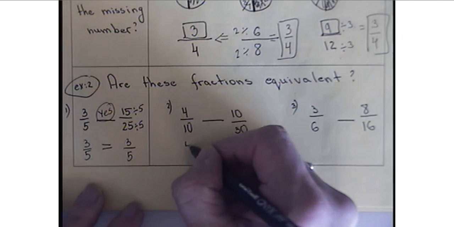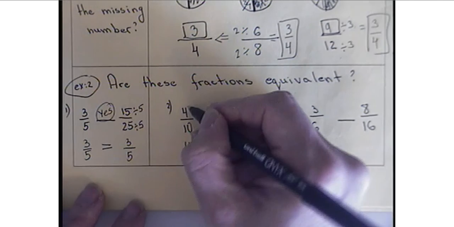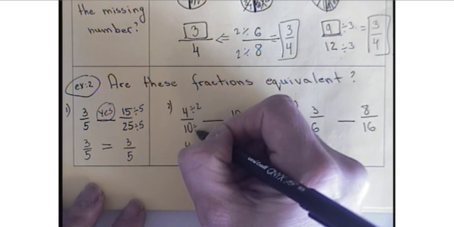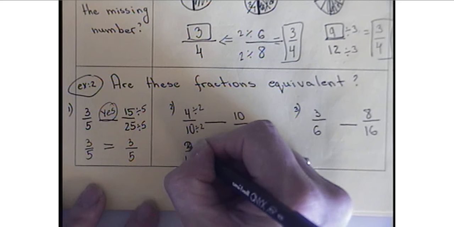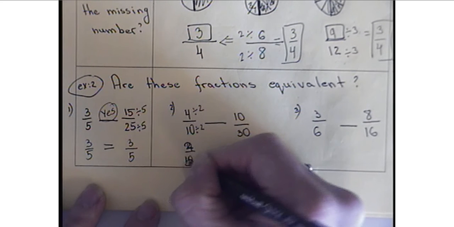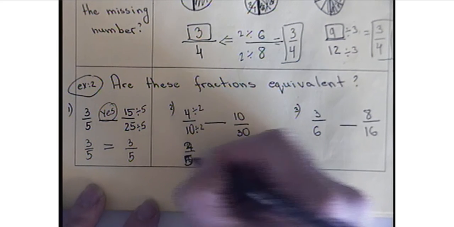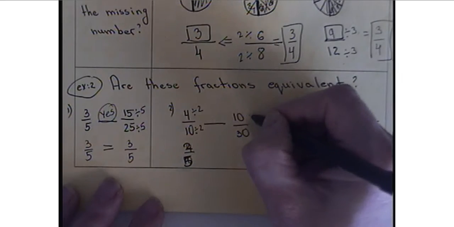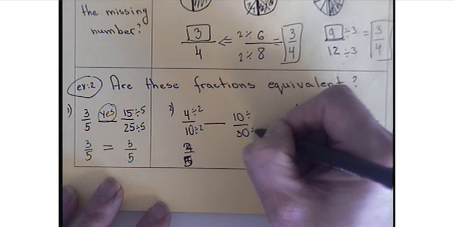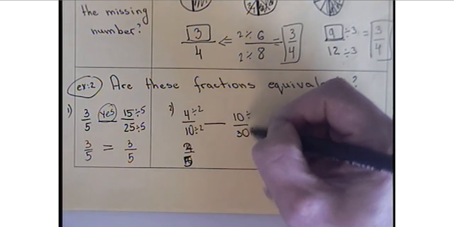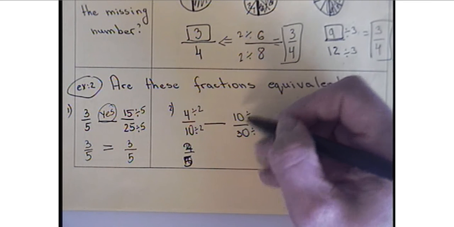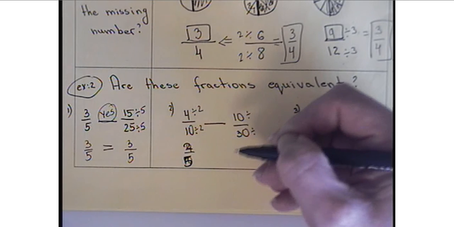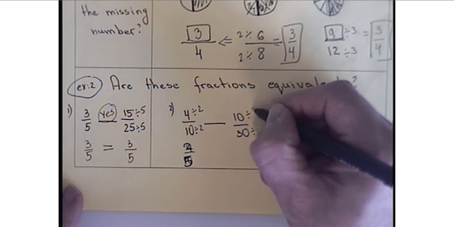4/10. Well, 4 and 10 we can simplify by dividing by 2, right? Both are even numbers, so this will change to 2 and this will change to 5. 2/5, that's what we get here. Now let's go ahead and divide those. Now those are even, we can divide by 2, but also if you have round numbers, 10, 20, 30, 40, 50, 60, all of those are divisible by 10.